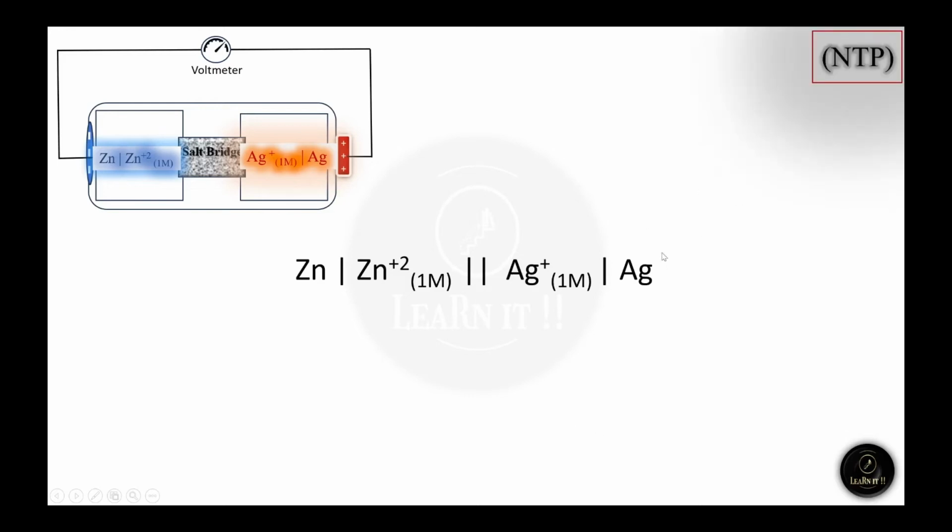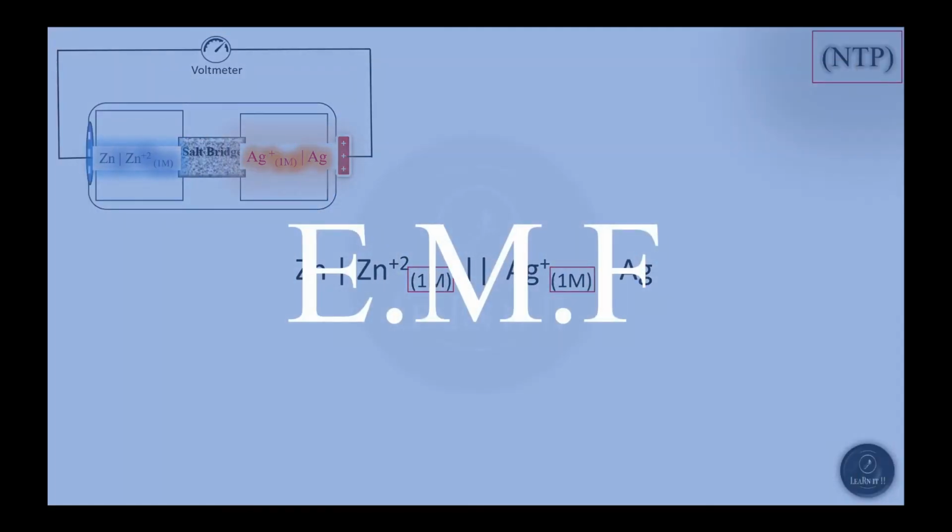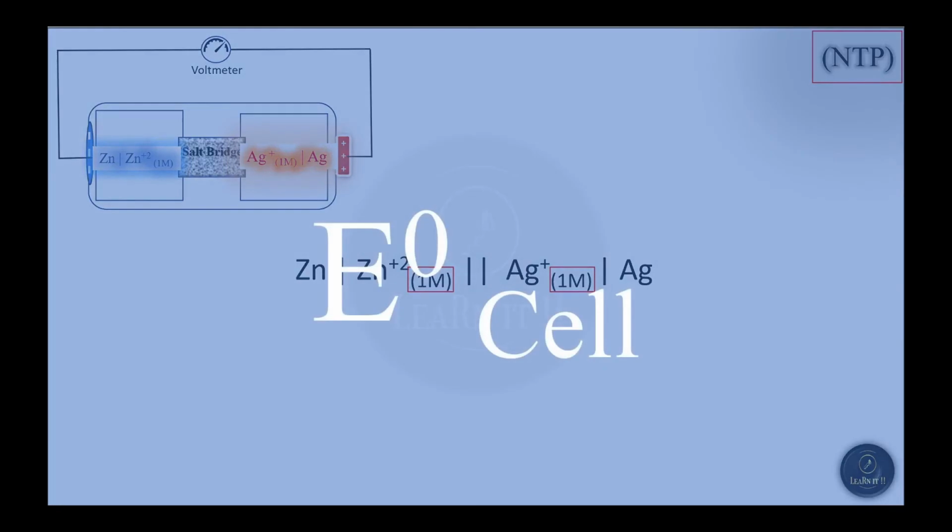If we maintain the temperature and pressure as normal, which is 298 Kelvin and 1 atmospheric pressure, and the concentration of both the solutions is 1 molar, then we are talking about the EMF or electromotive force, which is represented as E naught of cell.